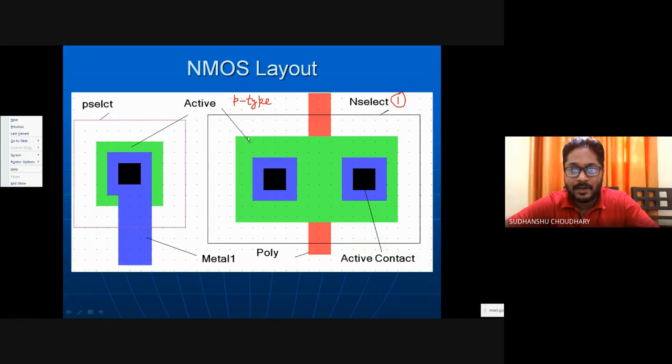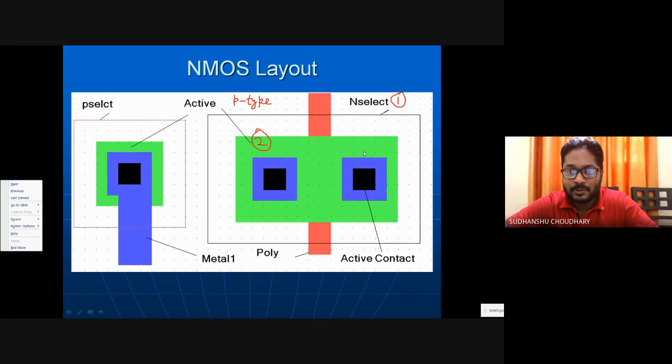Then second, you need to draw the active, the green layer. This active will define your source and drain region, that is, the N-type source and drain diffusion regions. Third, you draw the polysilicon line.